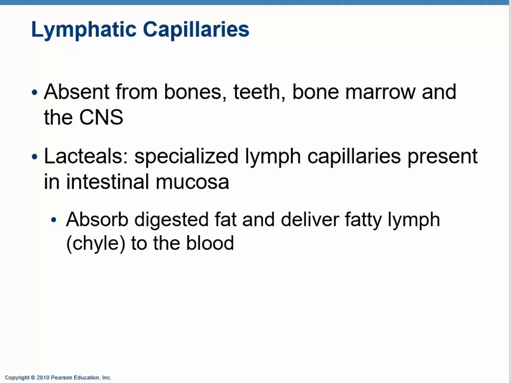And it's because the fluid that's picked up by the villi in the digestive system, especially the small intestine, is loaded with fat, and fat and water together make a milky looking substance. And this absorbed fat, the fatty lymph, we call it chyle. And this is the way fats from our diet end up in our bloodstream.